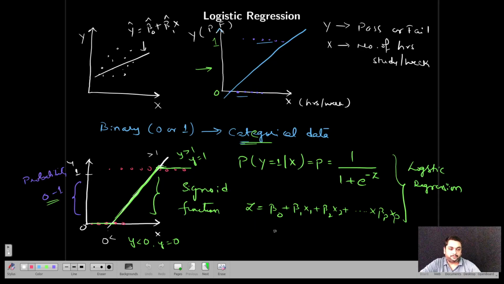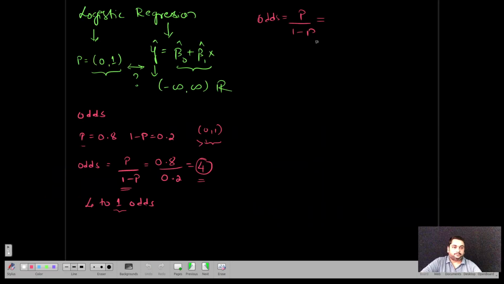Here z equals your regression line, that is what you are trying to fit. To substitute and simplify it, we get e power z. If you observe the curve, this e power z is always an increasing curve, something like this. But again, this value I'm getting is always positive.